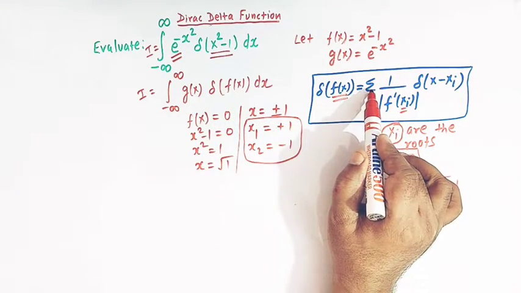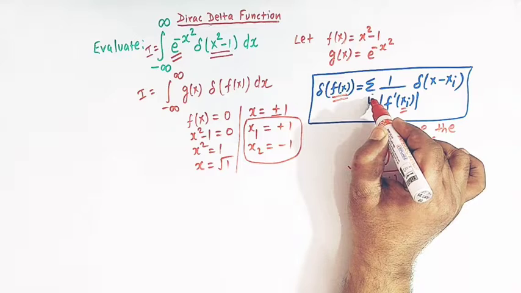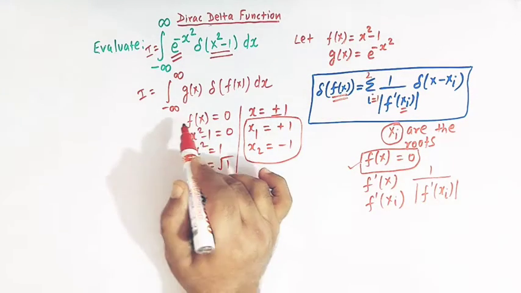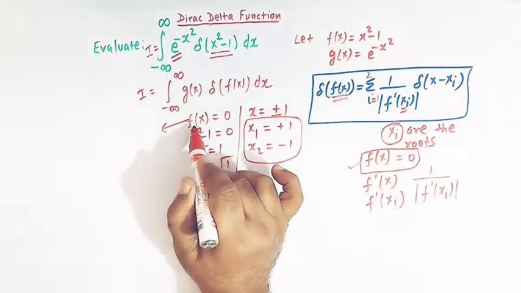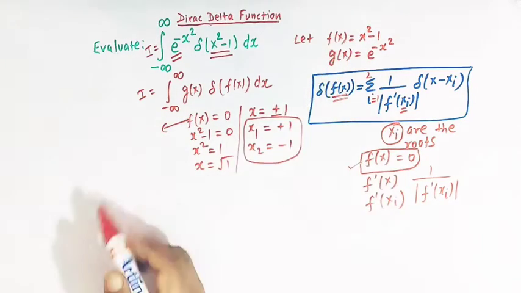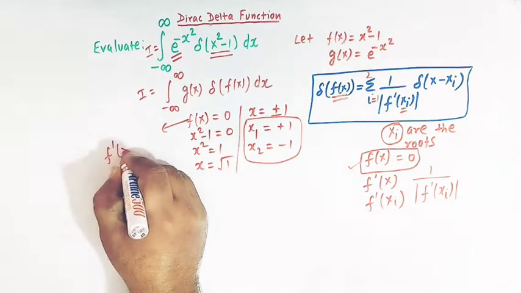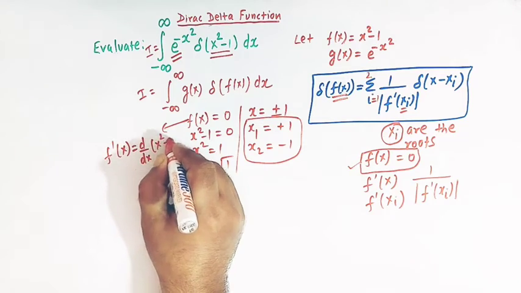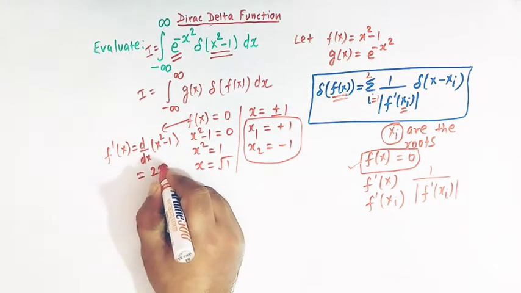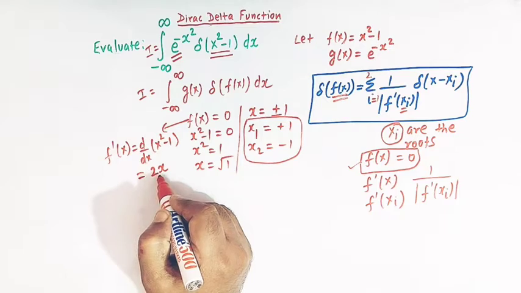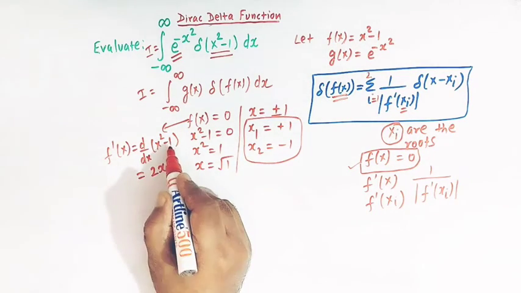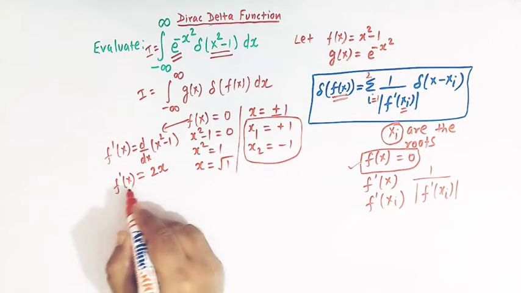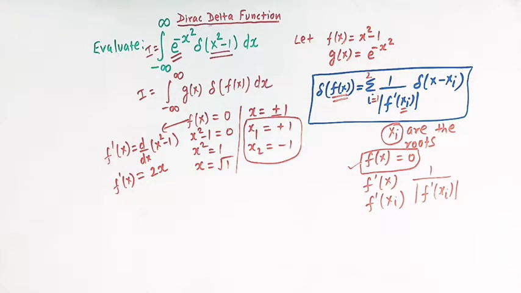So in this summation sign, we'll go from i equal to 1 to 2. Let us now find the derivative of f of x. So f prime of x is d by dx of x square minus 1, which is 2x, because the derivative of x square is 2x and the derivative of 1 is 0, being a constant. So f prime of x is equal to 2x.